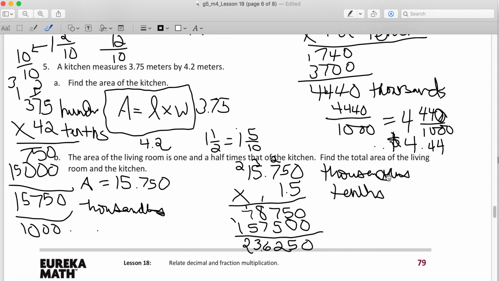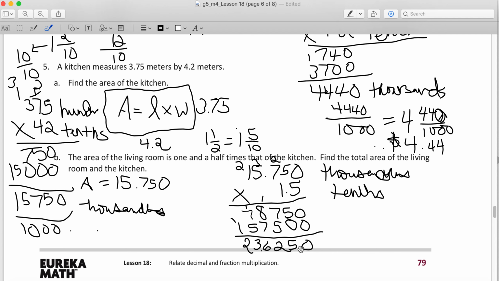Okay. So I've got thousands and I've got tens. So this is what? This is tens, hundreds, thousands. So I've got 4 decimal places. Where is that going to put me? Tens, hundreds, thousands, and then what? 10,000.